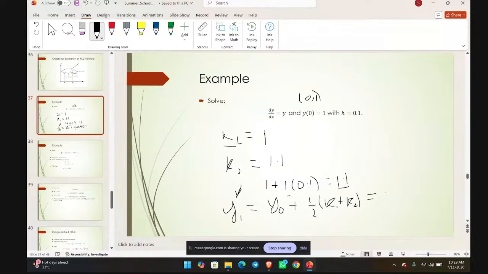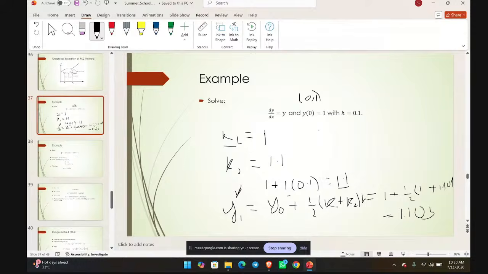So y1 is equal to 1 plus half times 1 plus 1.1, times h, sorry, 0.1. So the point we will reach is 1.105.